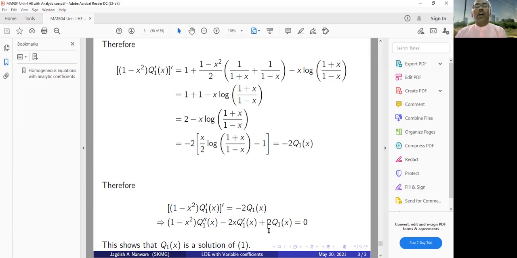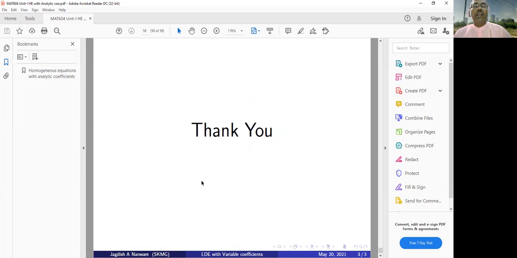So this shows that the function q1 of x satisfies the Legendre equation when alpha is equal to 1. So the function q1 of x is a solution of the Legendre equation whenever alpha is equal to 1, as it satisfies the given Legendre equation.